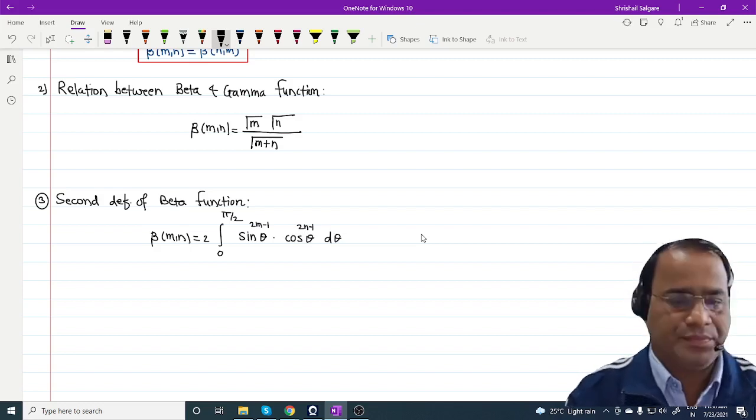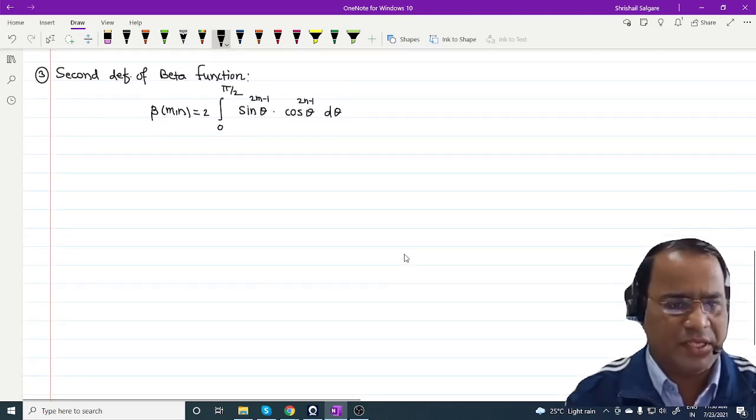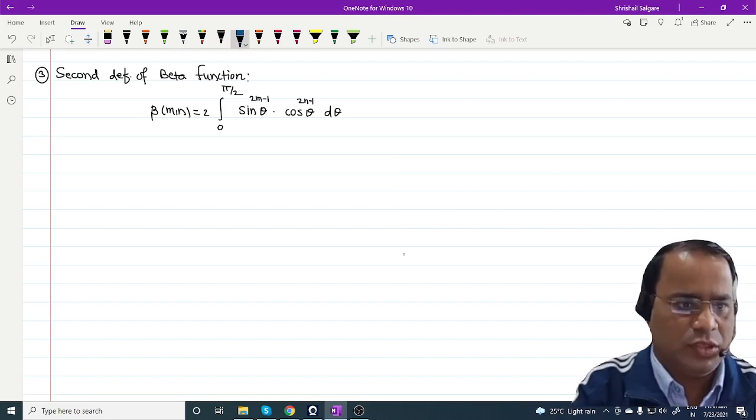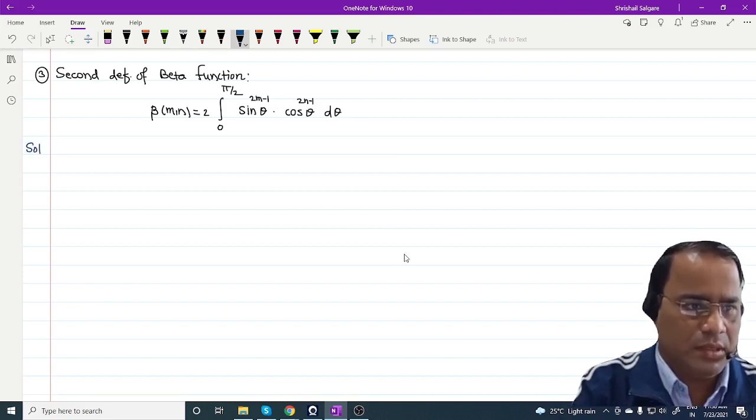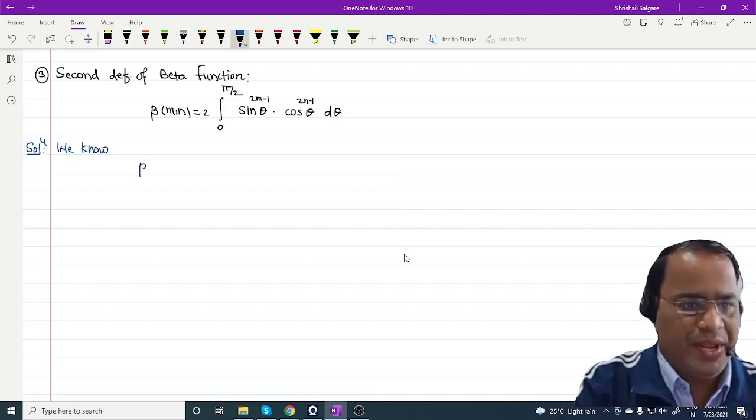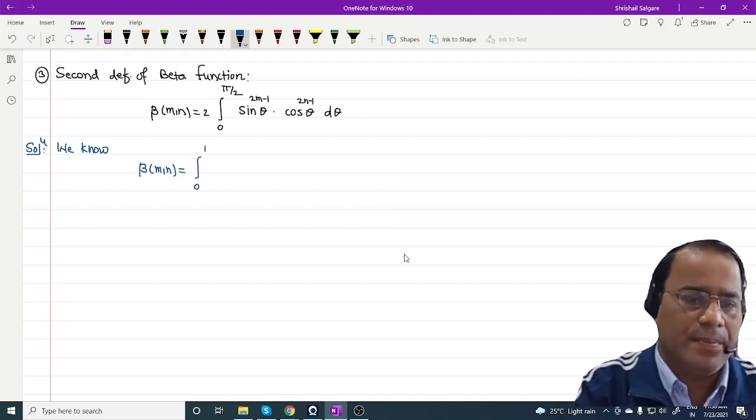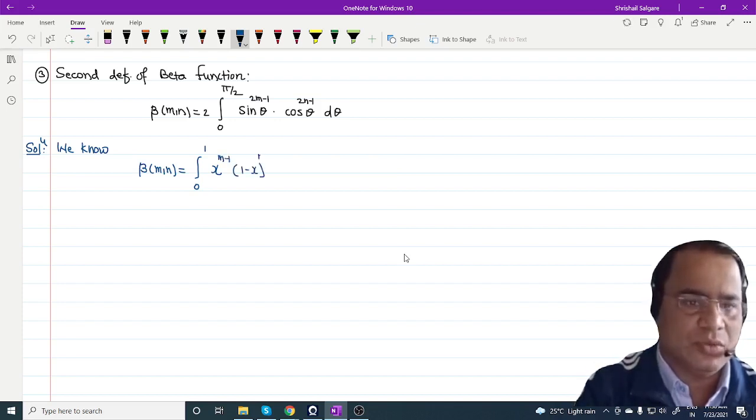Okay, now let us continue with the proof for this. We know that beta of mn is given by the integral from 0 to 1 of x raised to m minus 1 into 1 minus x raised to n minus 1 dx.